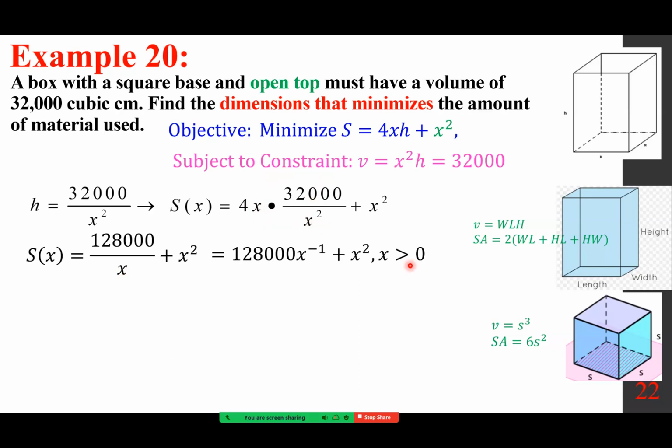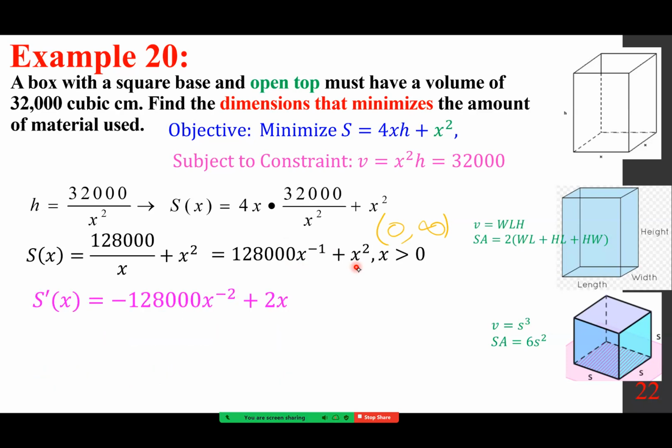And why is x positive? Because it represents dimensions. In other words, we are dealing with the open interval of 0 to infinity. So I want to differentiate. So 128,000 times -1 makes it negative x to the power of -2 plus 2x.